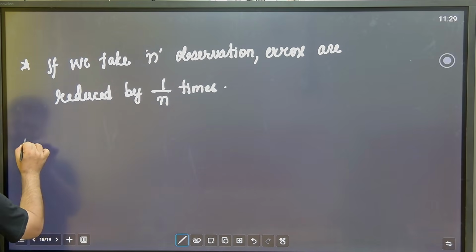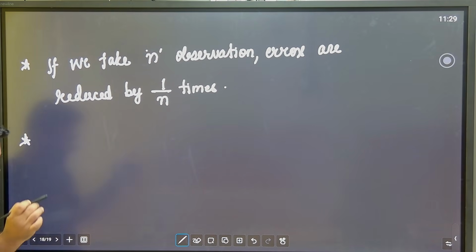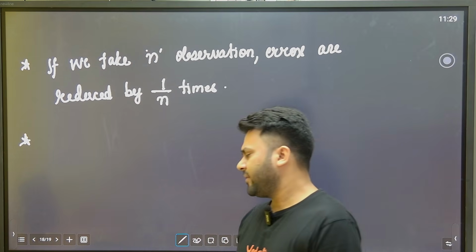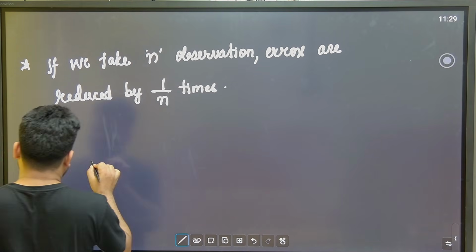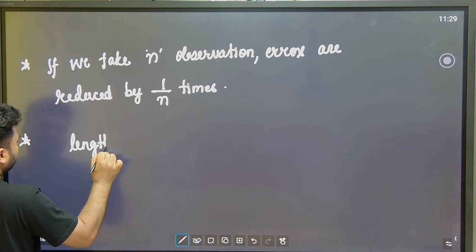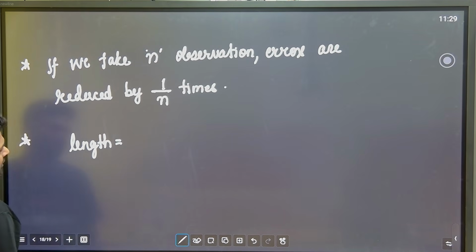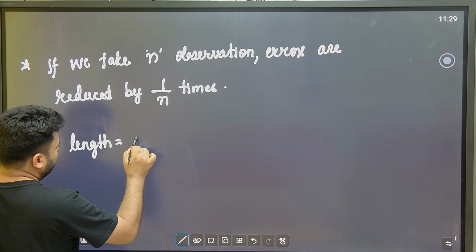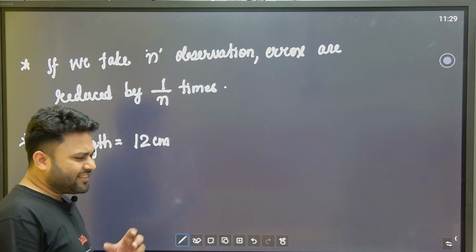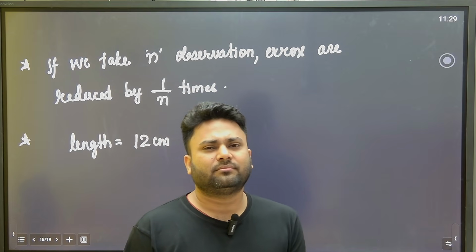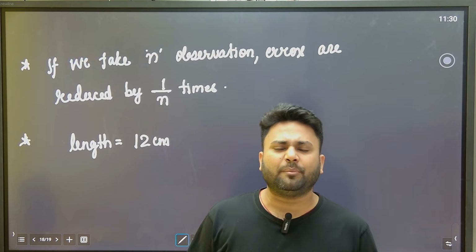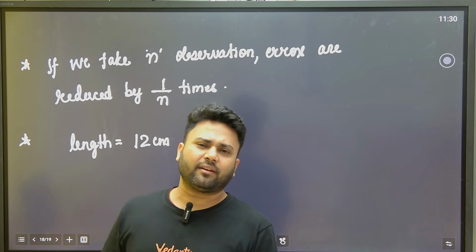Now see, suppose you asked me, sir, what is the length of this pen? I will say the length of the pen is 12 centimeter, and since I know there can be error, and I told you error can be created by many factors, I am not sure about 12 centimeter.